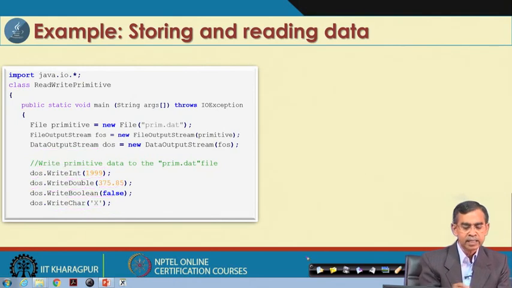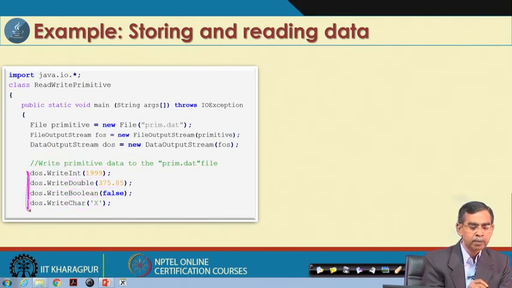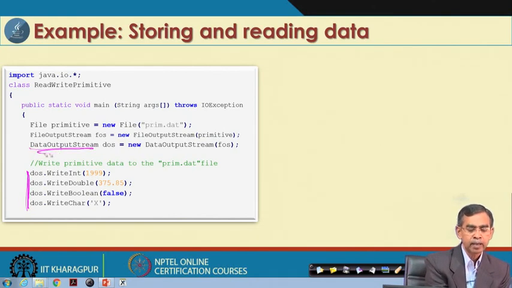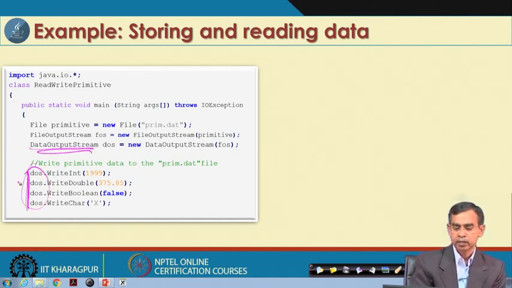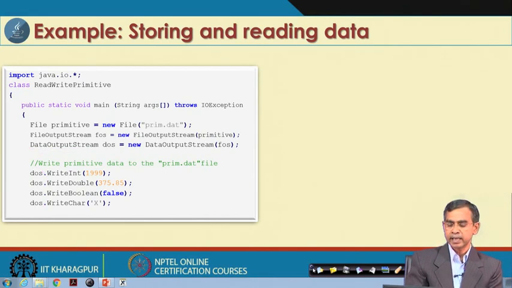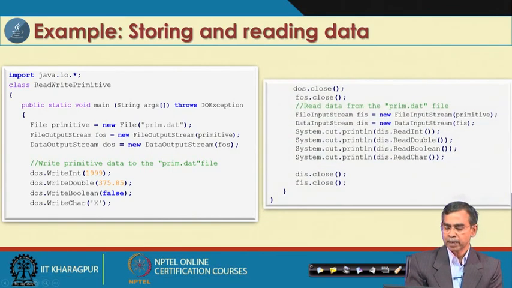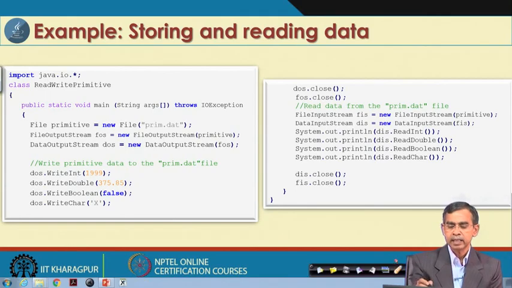So, here you can see the 4 different types of data which can be stored into a data output stream. Once the data output stream is ready, then the same data can be pushed into the file output stream. This is the rest of the part here, as we see.